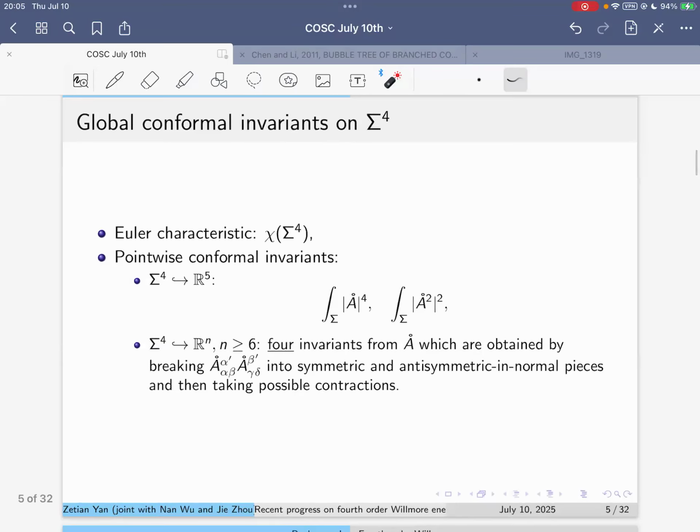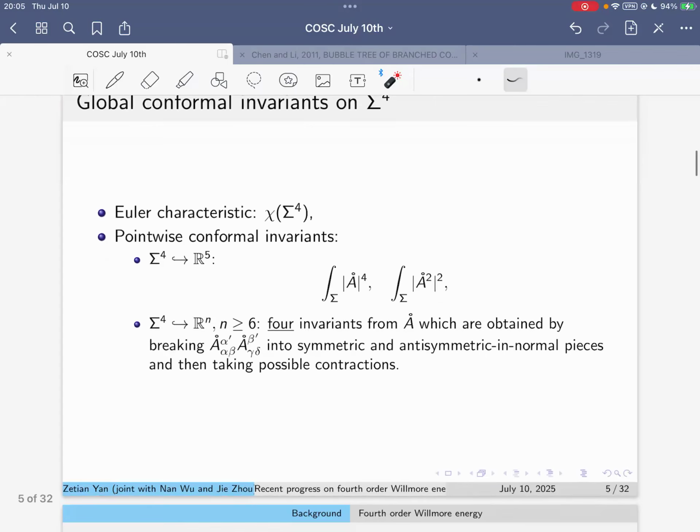Next, we have pointwise conformal invariants, the analog of the trace-free A squared, okay? And here, if sigma 4 is a hypersurface, this space is spanned by the following two integrals. And if you are very interested in it, you can check it by yourself.